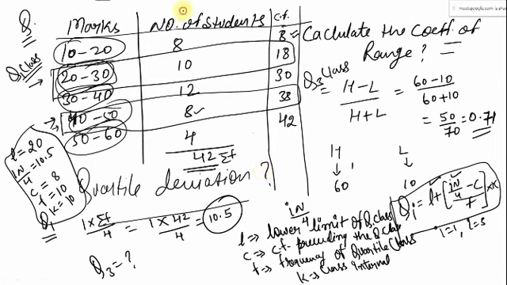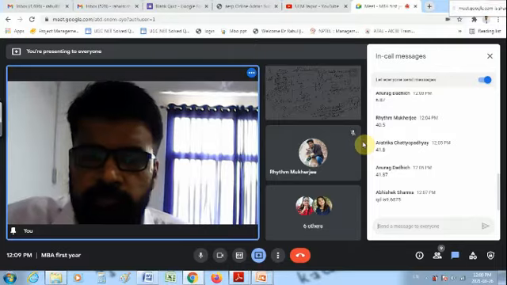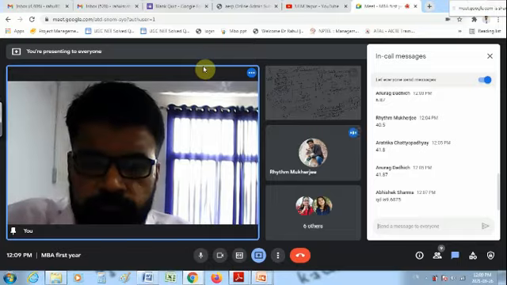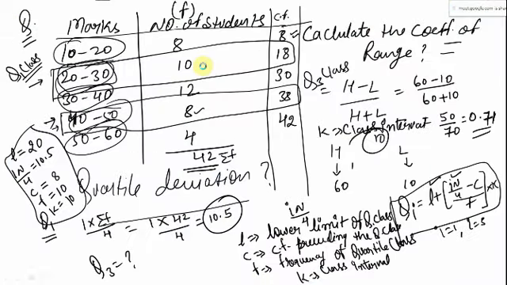How many observations are there? This is frequency. Class interval will remain the same. It is 10. Right? Yes, sir. Clear now.